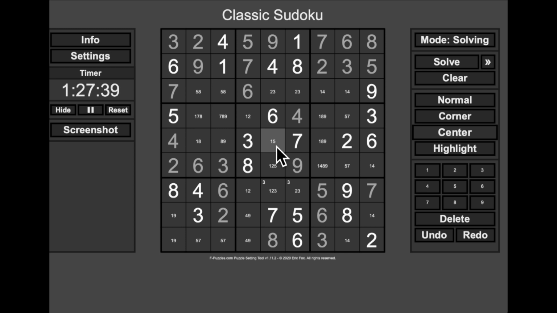Now it cannot be 2, 3, 4, 6, 8, or 9. This one can't be 5, and it can't be 2 because of the placed 2. So these are a 1 or a 5.